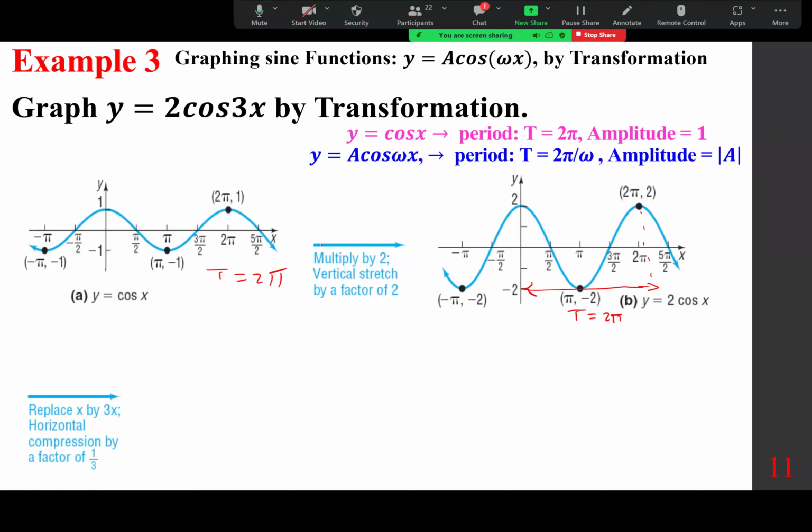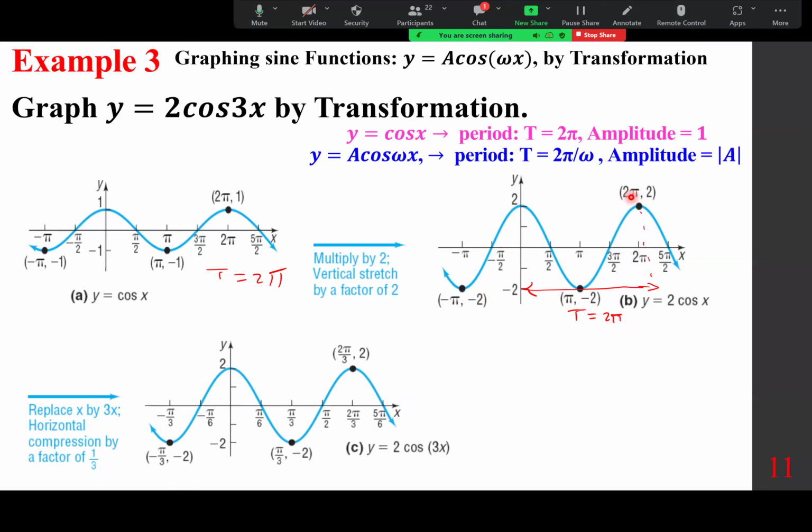The effect is that it compresses along the x-axis by a factor of 1/3. So this period, 2 pi, is really divided by 3. That means the y coordinates remain unchanged, but the x coordinates change: this one, minus pi over 3, this one, pi over 3, this one, 2 pi over 3.